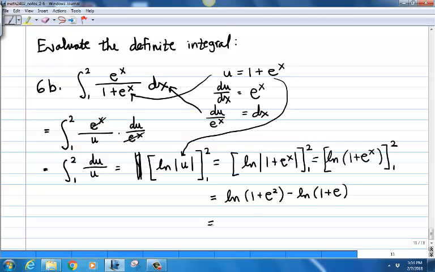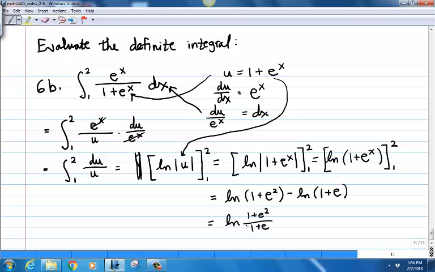We can simplify this slightly, but not a lot, because here you have a difference of natural logs, and remember you can combine that as the natural log of a quotient. So this is the natural log of 1 plus e squared divided by 1 plus e. That doesn't really help us a whole lot because we cannot reduce this fraction immediately, but nevertheless it does make the expression look a little bit simpler.